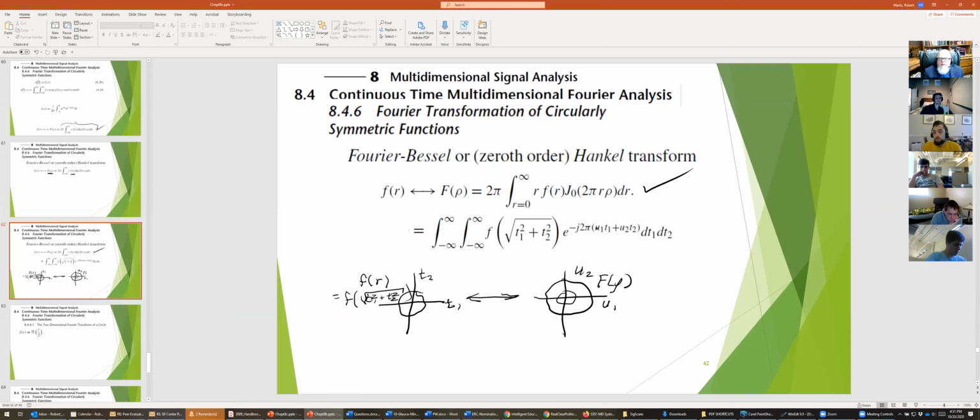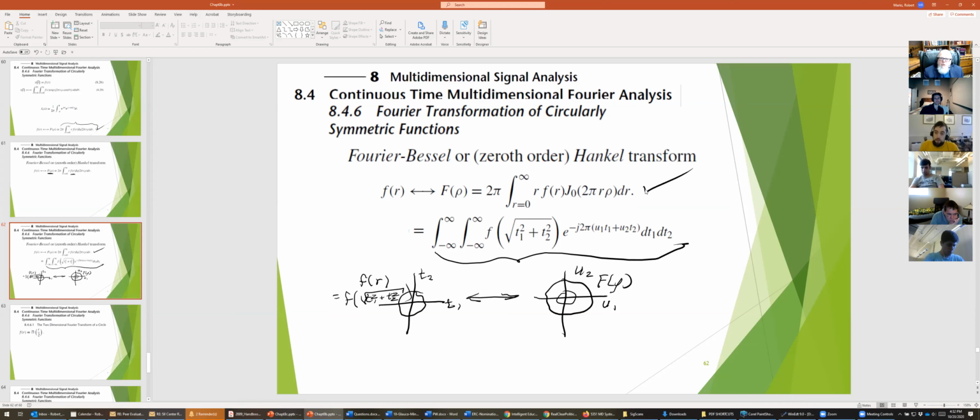So we could integrate using the Bessel function, or we could go down here and use the regular two-dimensional Fourier transform that we all know and love, and instead put f of the square root of T1 squared plus T2 squared in there. If we use this second technique, you will get exactly the same answer as you get with the Hankel transform.